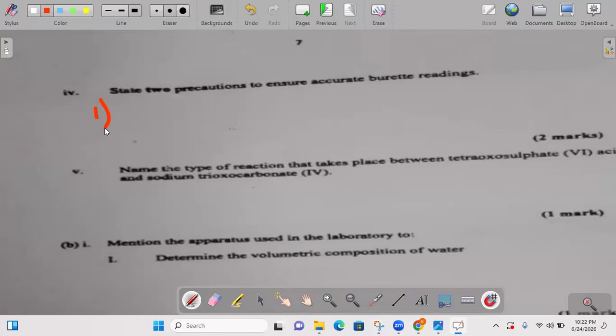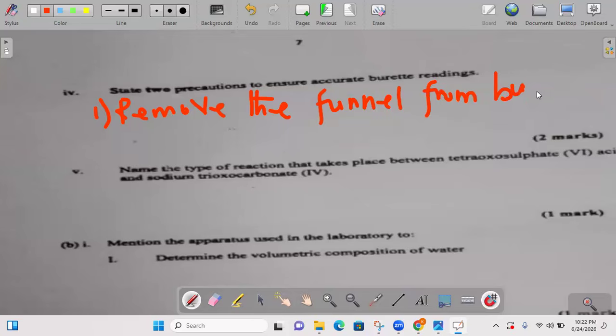First, remove the funnel from the burette after use. Why? There's a reason, although they didn't ask us to state the reason.